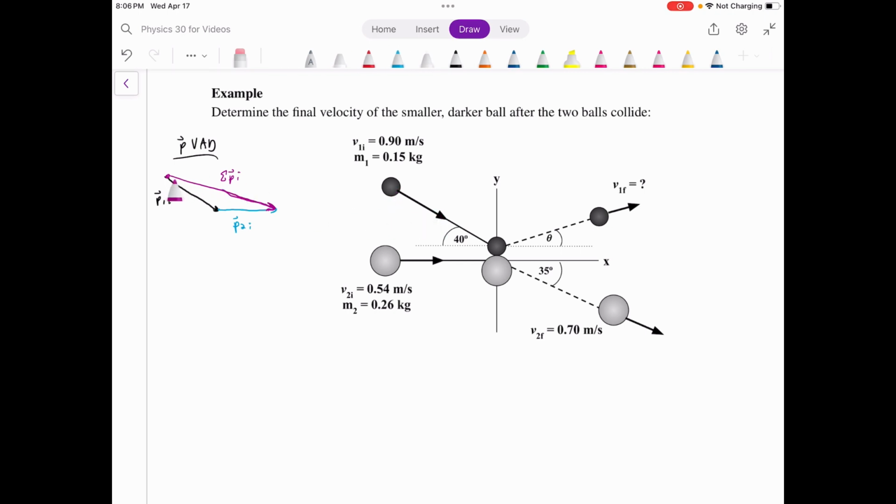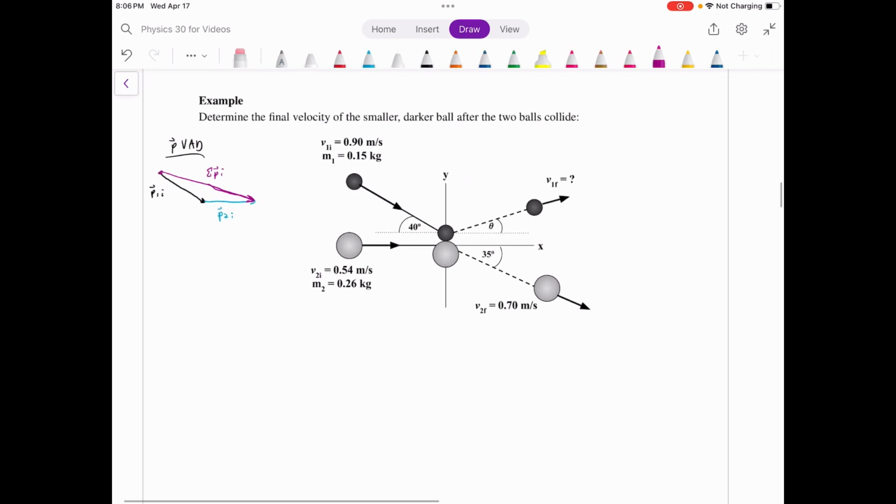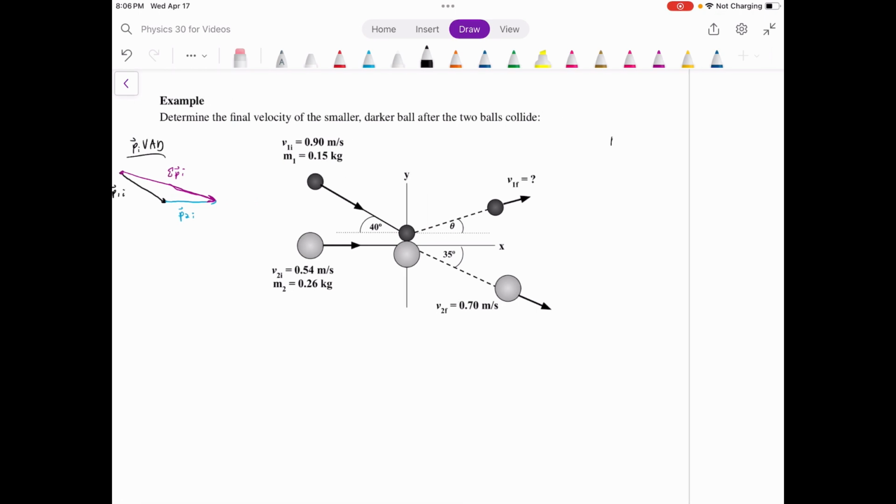Now, without even thinking about it, what is our final momentum going to look like? The total final will have to be the same, right? So it's going to look something like that, because momentum is always conserved.